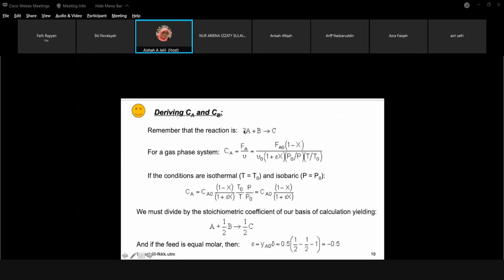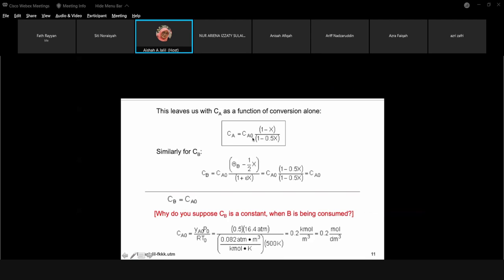Then epsilon equals y_A0 delta, where delta is one half minus one, that is, minus one half. y_A0 is 0.5 because of equimolar. Then C_A equals C_A0 (1 minus X) over (1 minus 0.5X).